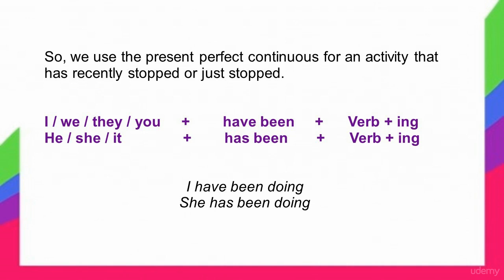So we use the present perfect continuous for an activity that has recently stopped or just stopped. I, we, they, you, plus have been, plus the verb, plus ing, and he, she, it, plus has been, plus the verb, plus ing. I have been doing, and she has been doing.